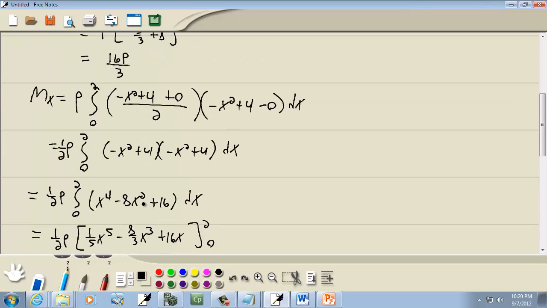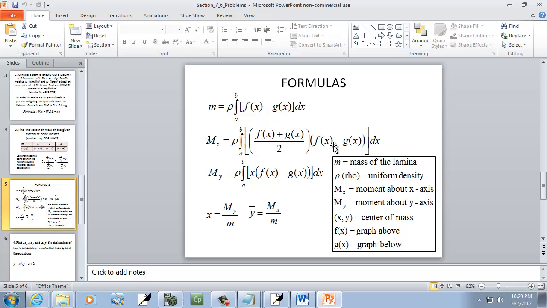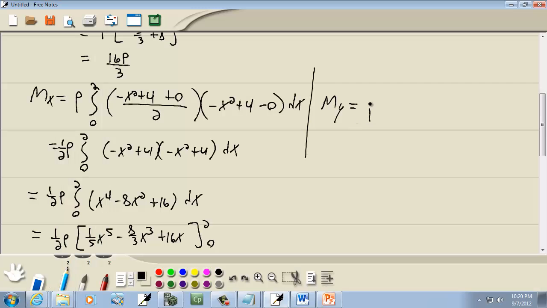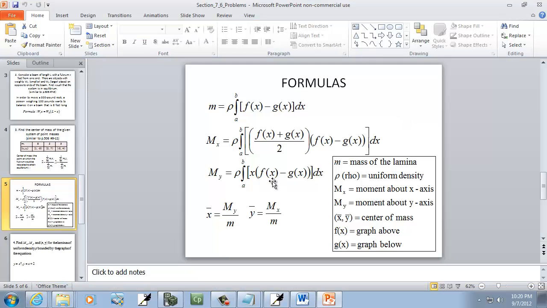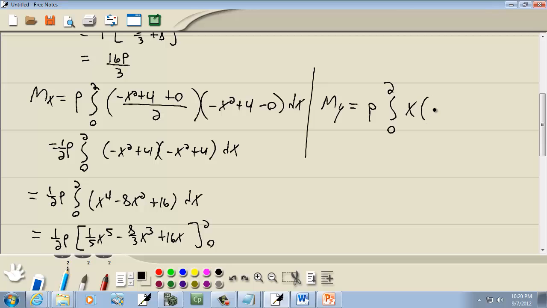Well, let's find m sub y. Okay, so m sub y, we got rho out in front again. From 0 to 2, a to b, and then we got x times f of x minus g of x. And so we got negative x squared plus 4 minus our 0 dx.